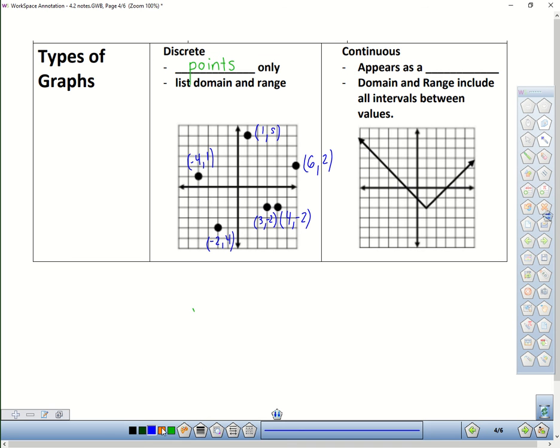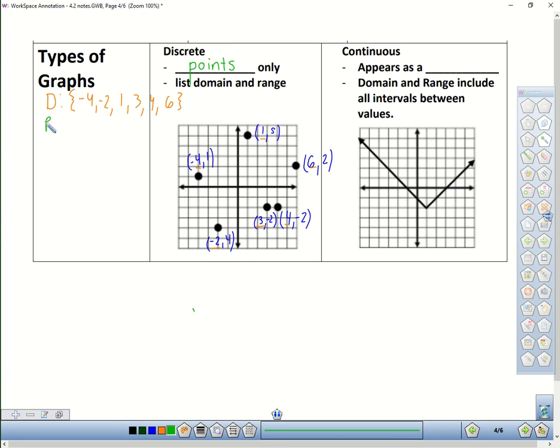So the domain, we call this D, is equal to -4, -2, 1, 3, 4, and 6. That's all of the x values.